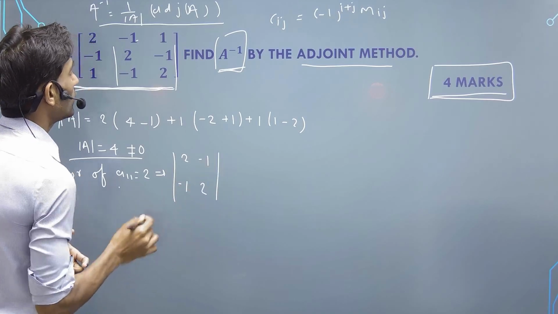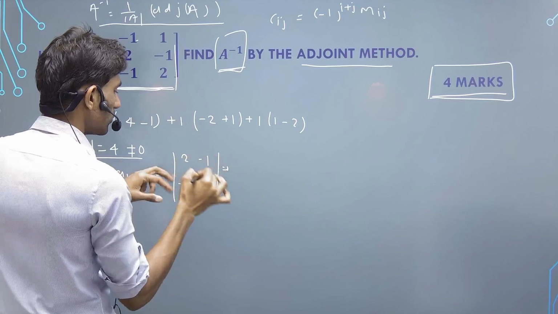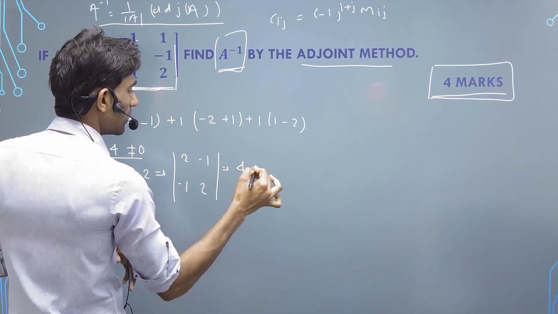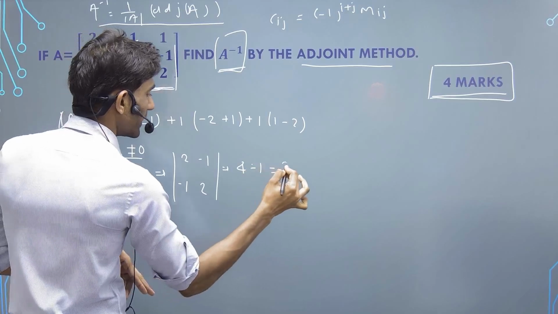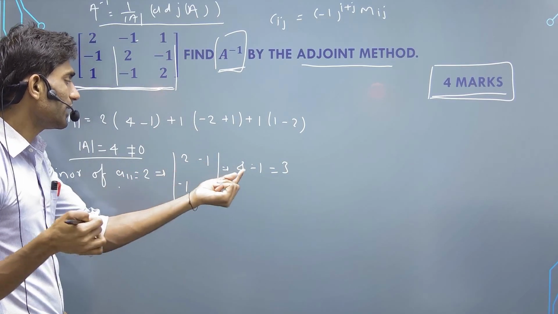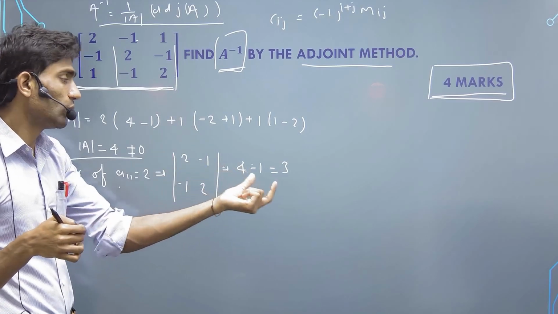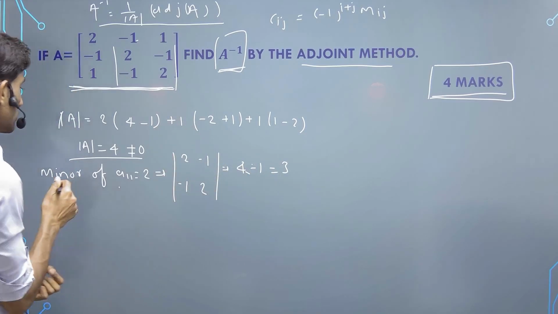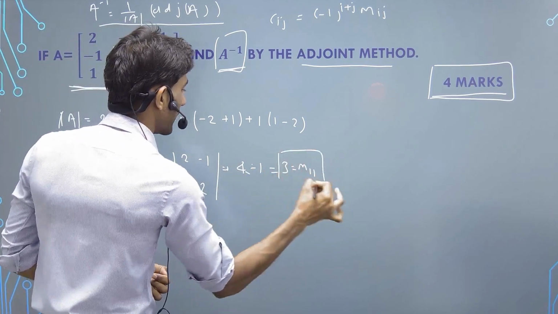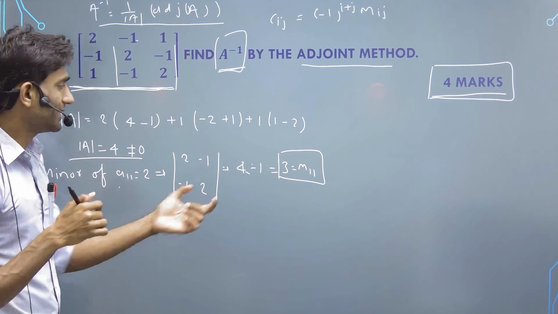Solving this, 2 into 2 is 4, minus of minus 1 into minus 1 gives plus, so 4 minus 1, which is 3. This gives M11, the minor of the first element, which is 3.